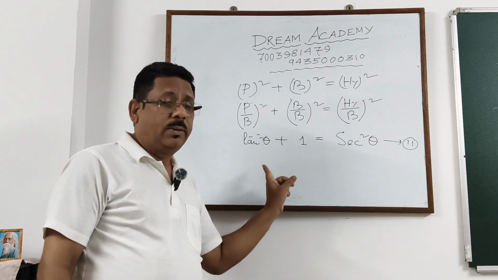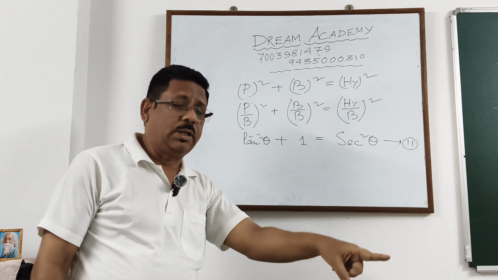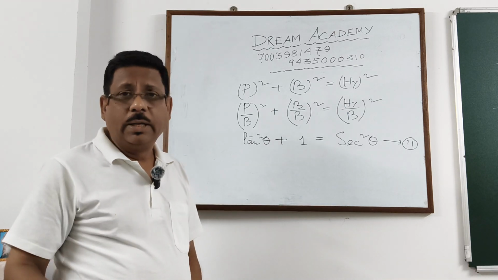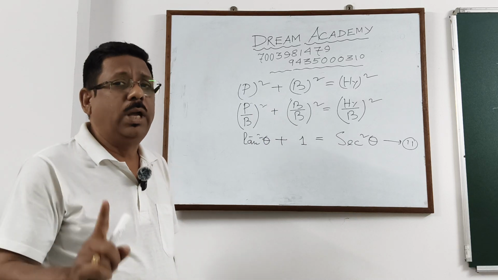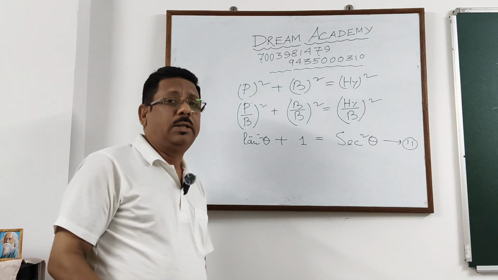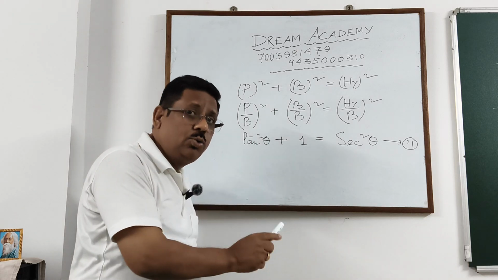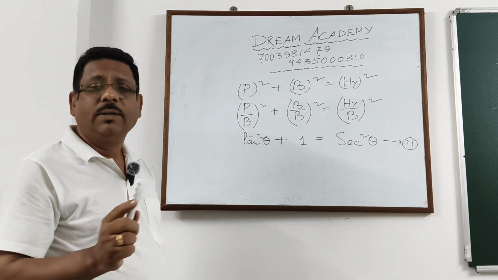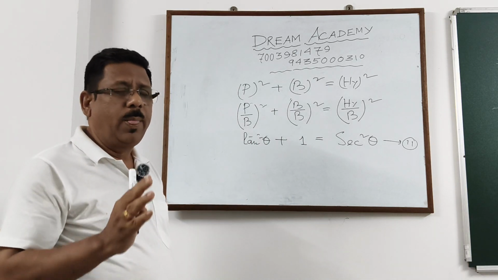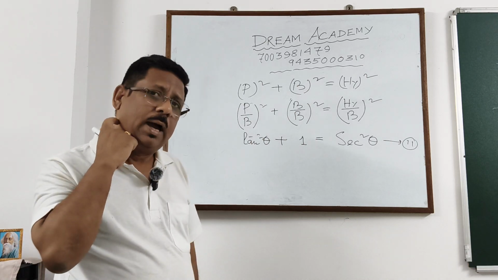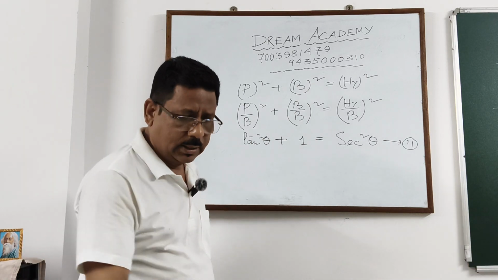Why am I saying tan square theta minus sec square theta equal to 1? Because we know a square minus b square equals a plus b into a minus b. Then we can say tan theta plus sec theta into tan theta minus sec theta equals 1. It will be a very important identity for trigonometric identities.